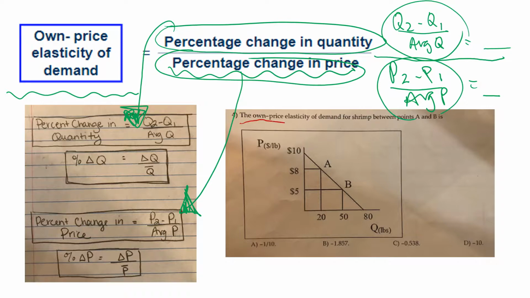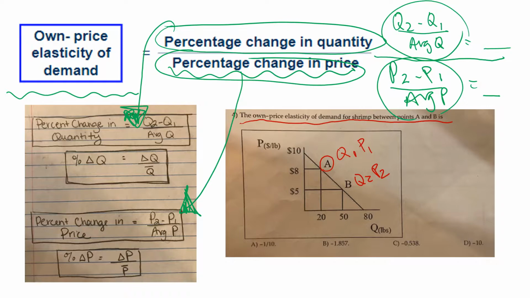The own price elasticity of demand for shrimp between points A and B is, okay, so we're going to call A our Q1, and that'll also be our P1. B, we're going to call that our Q2 and our P2.